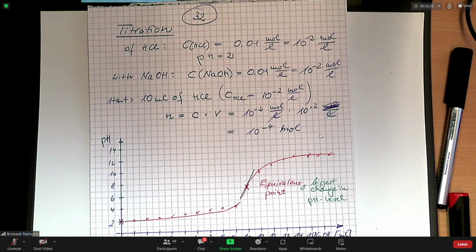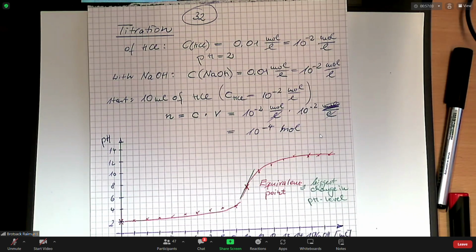Now, just to ask you: think about when we have this concentration of a strong acid, and now we don't add a strong alkali, we add a weak alkali like ammonia. Do you think we need more volume to neutralize, at the same concentration of course? Yes. We will end up at 10 to the power of -4 mole of OH minus again, but we don't have them because it's a weak alkali.